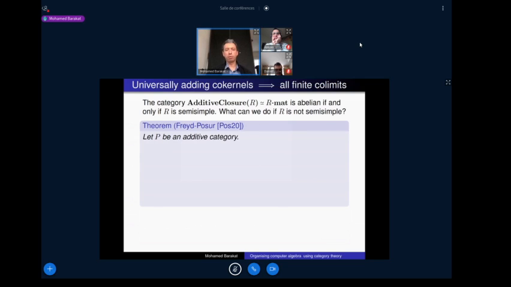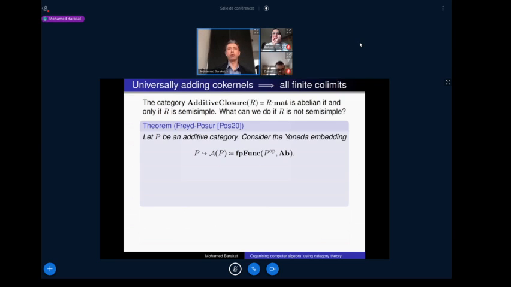And there is a theorem from Freyd in the 70s that tells us we can rectify the situation. It starts with an additive category P and considers the so-called Yoneda embedding. So it's embedding P in the category of finitely presented functors from the opposite category into the category of abelian groups.